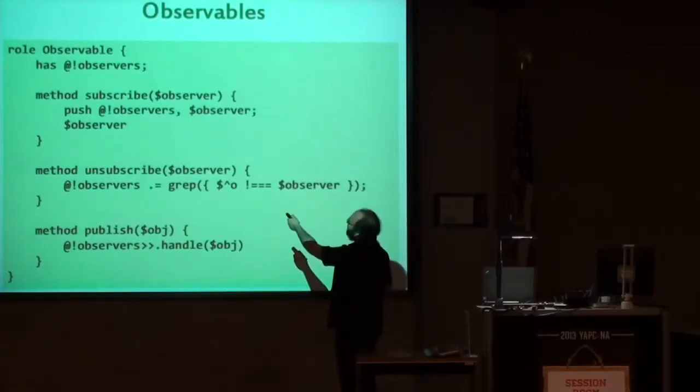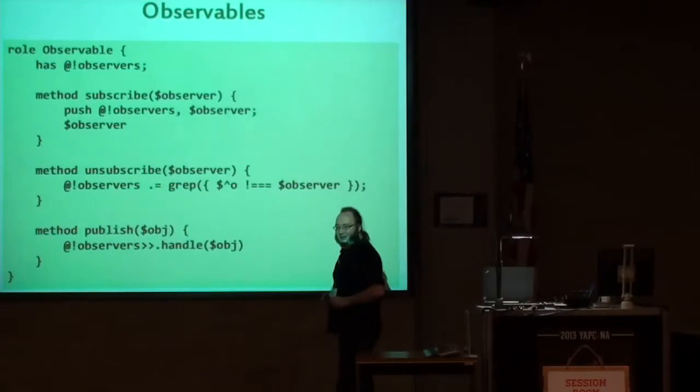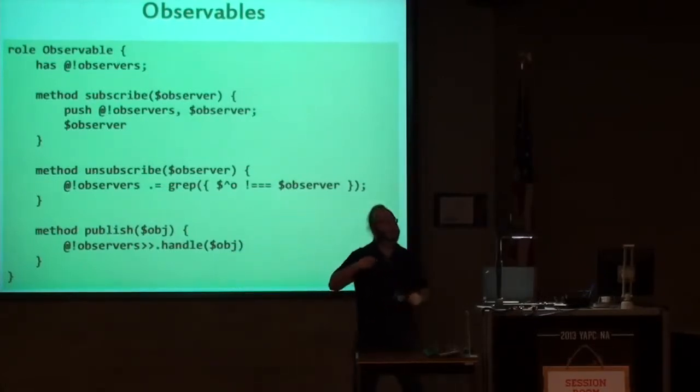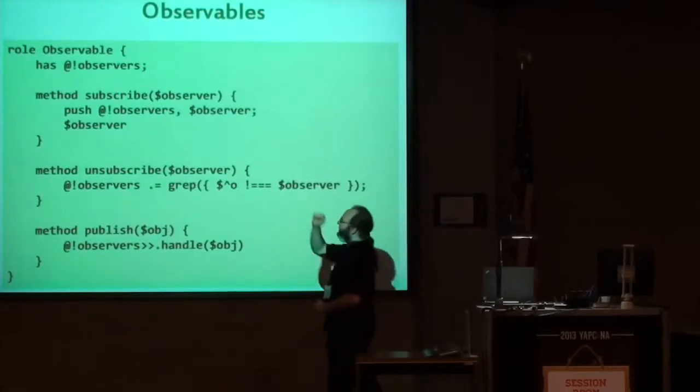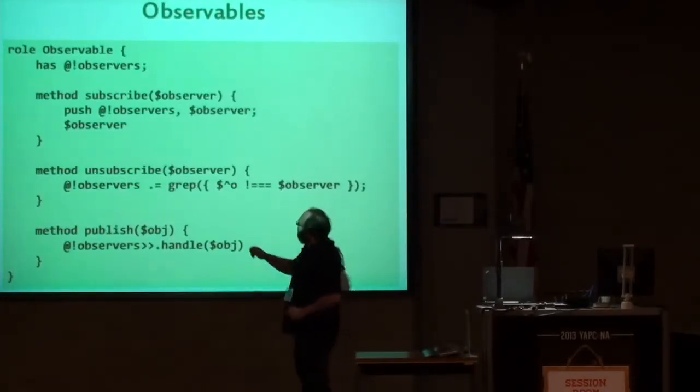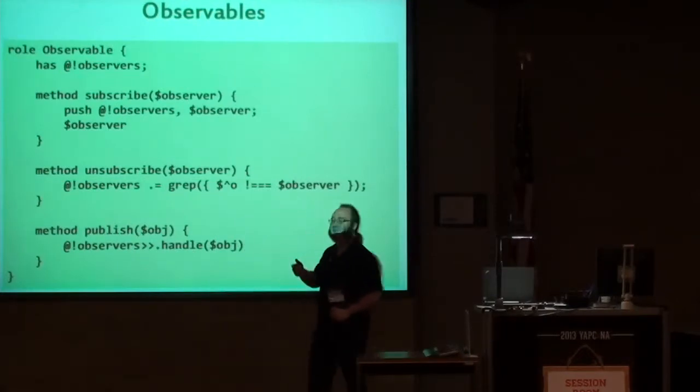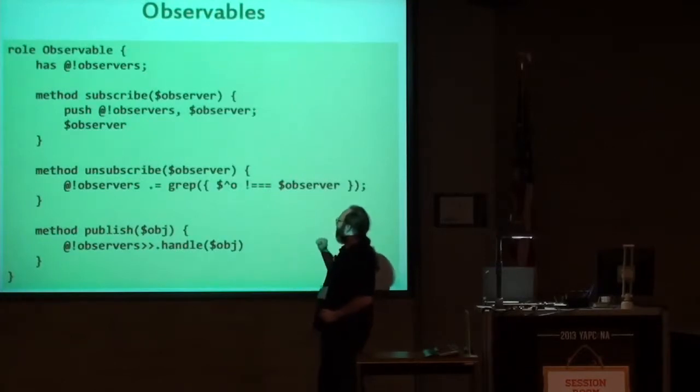We declare an attribute up here, an array of things that are observing us, things that we will invoke when something happens to us. And then we can subscribe something to observe it. We have an unsubscribe, that's kind of boring.